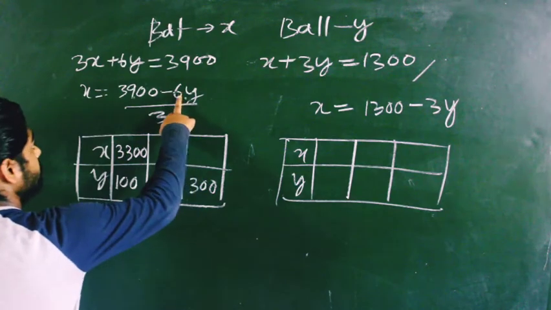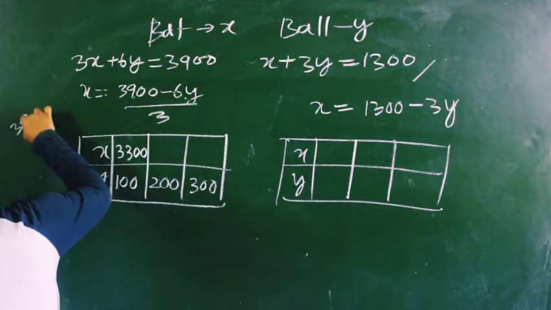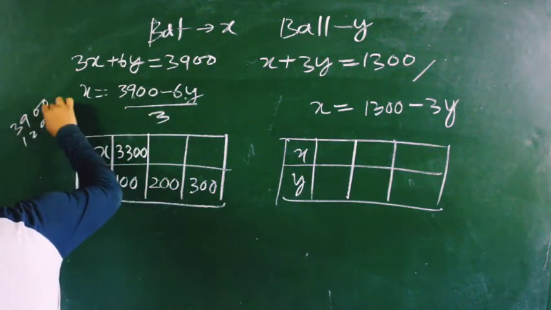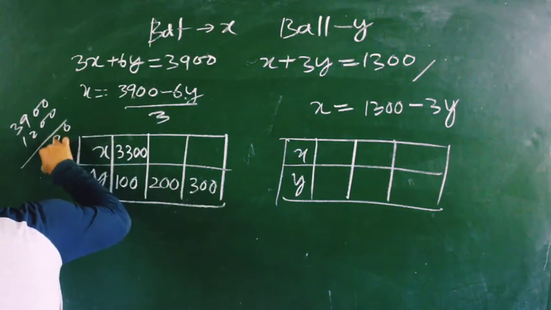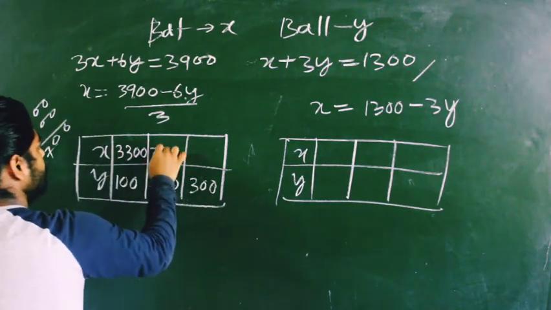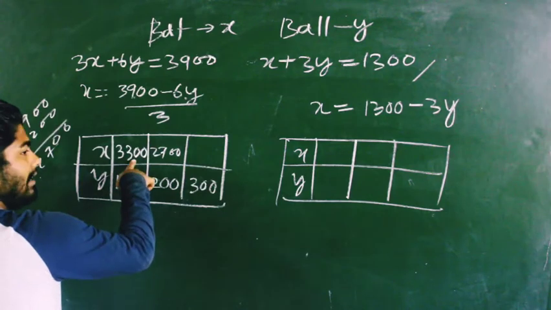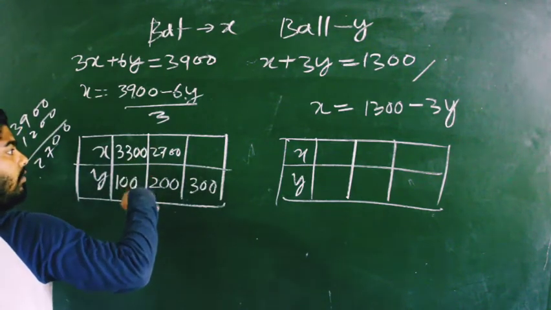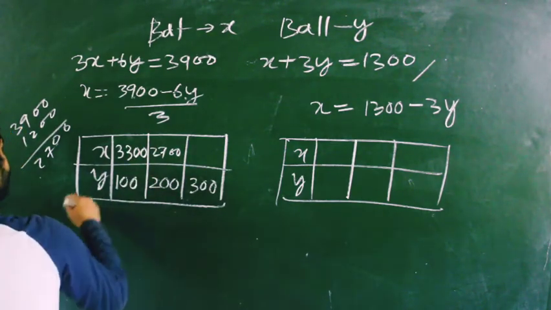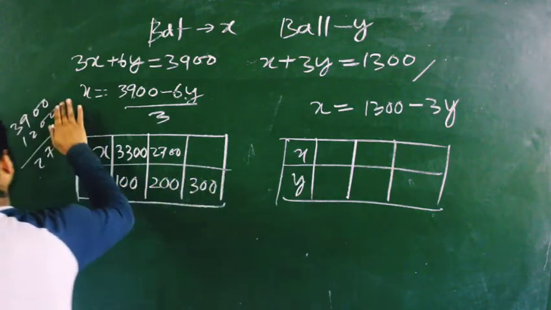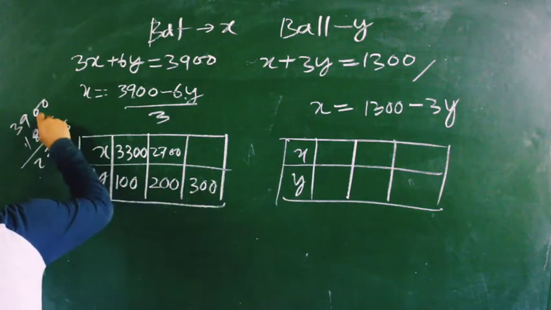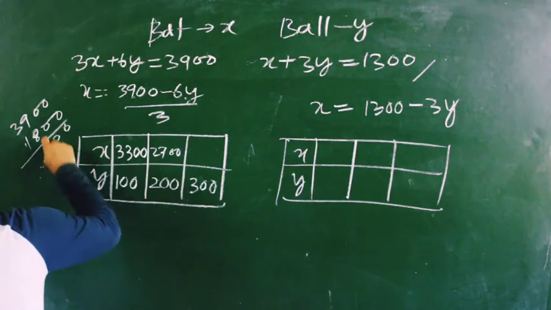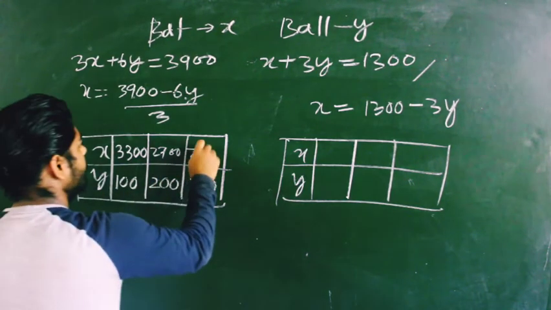Here we'll get 1200, so 1300 minus 1200 is 2700. Still it is bigger than this, but we can at least adjust the value as we go for hundreds. Here 2100.